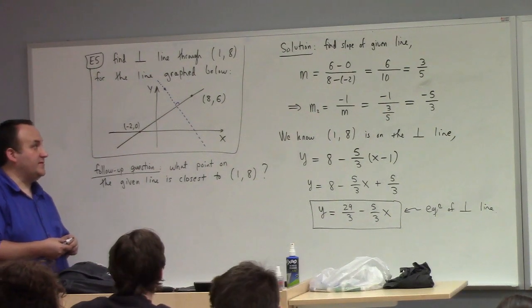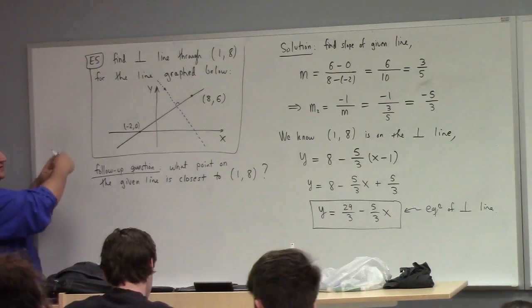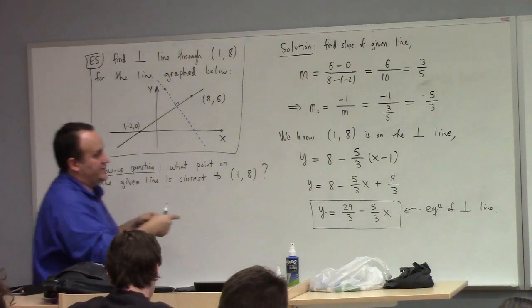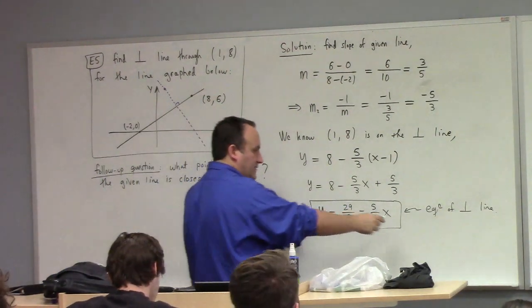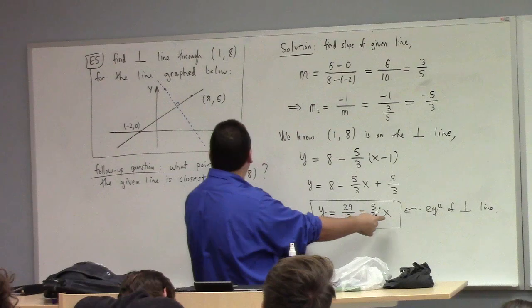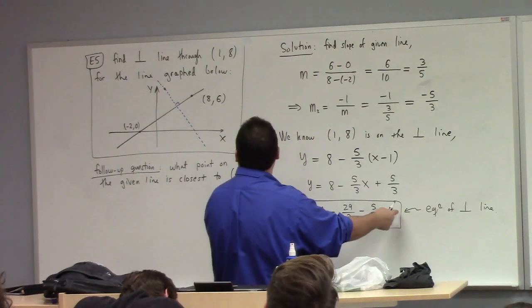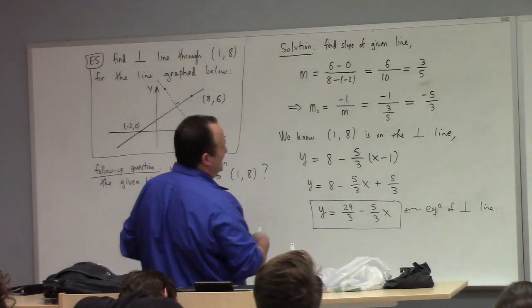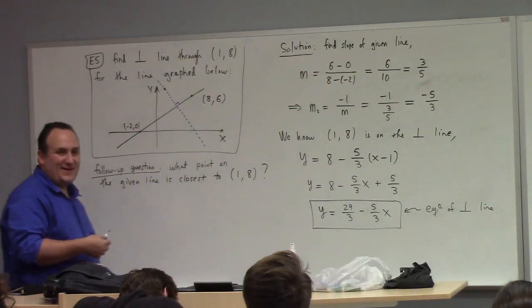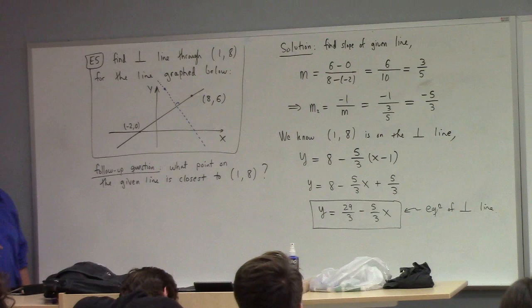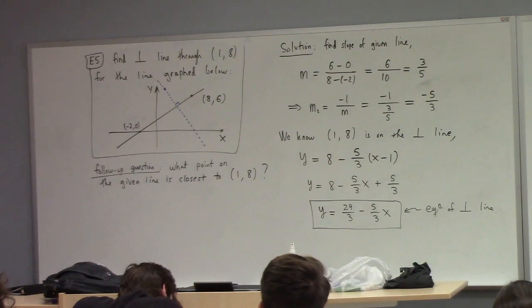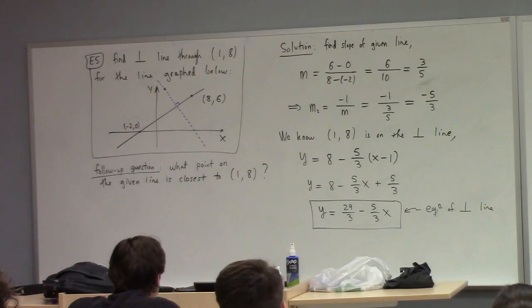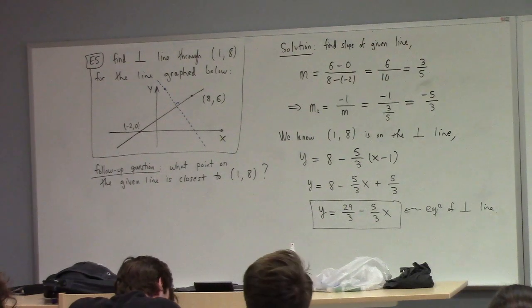So let me review here. For example 5, we found the equation of the blue line, which is the equation of the perpendicular line. The equation of the black line, what was it? Oh, we never found it, did we? So we actually have to figure that out in order to answer this question. What's the equation of the given line?